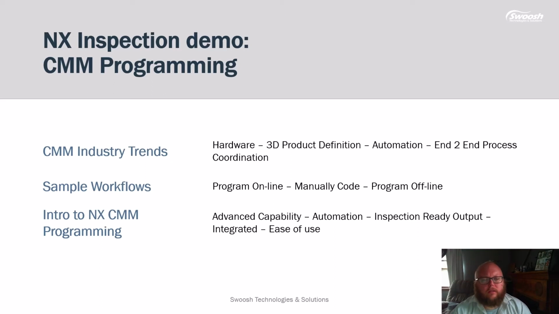We'll take a look at some example workflows that you might be used to using within your organizations. And then, of course, we'll get into actually programming some inspection toolpaths inside of NX, utilizing the full tool set of either manually programming or using automation based on PMI information that could be embedded in your models.